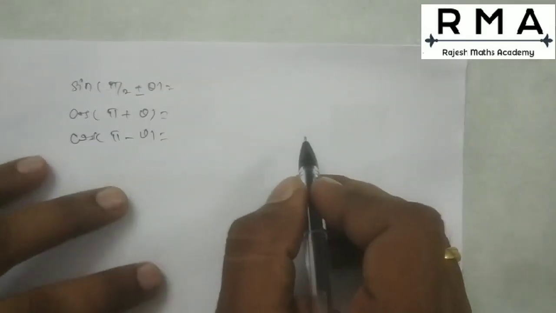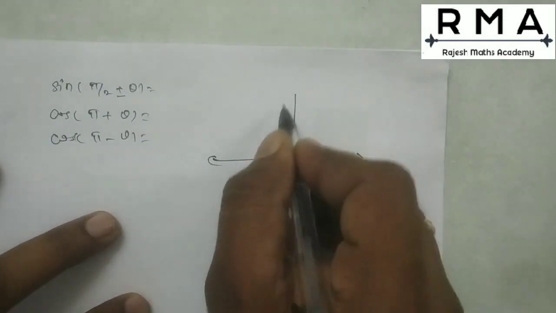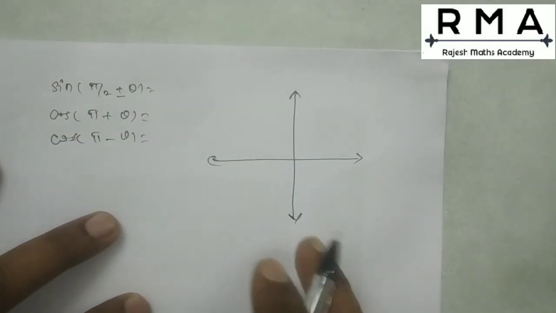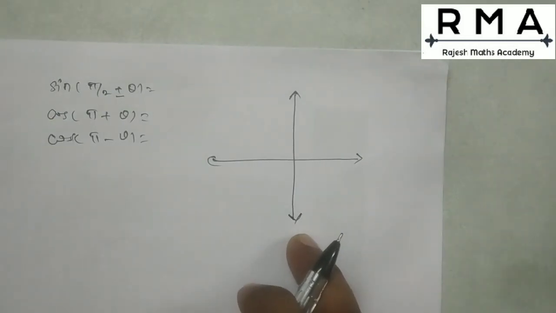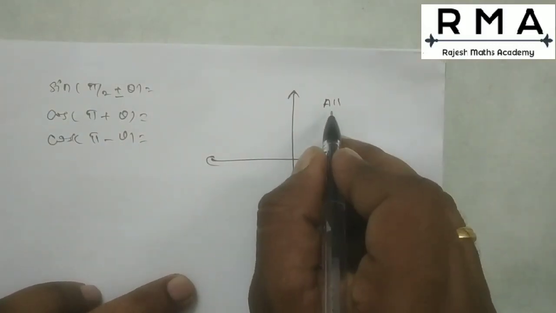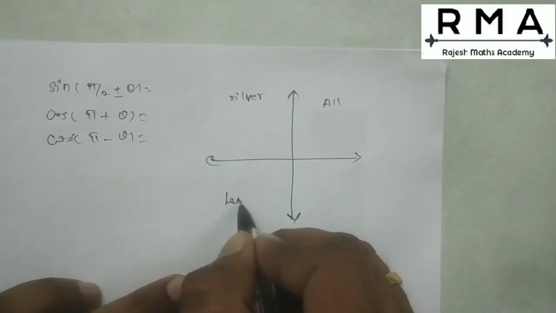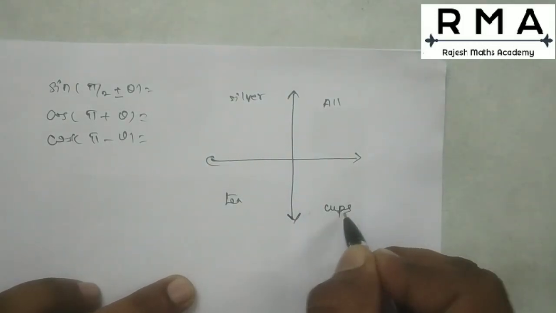First we have to check the quadrants: in which quadrant which trigonometric ratio is positive, and which quadrant it is negative. For that we have one trick: all silver tea cups.